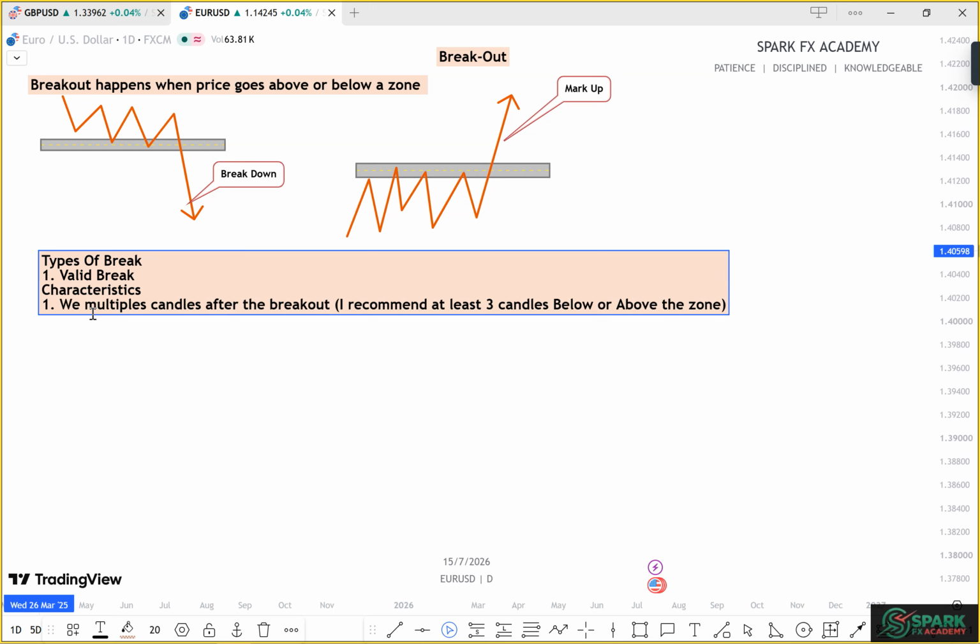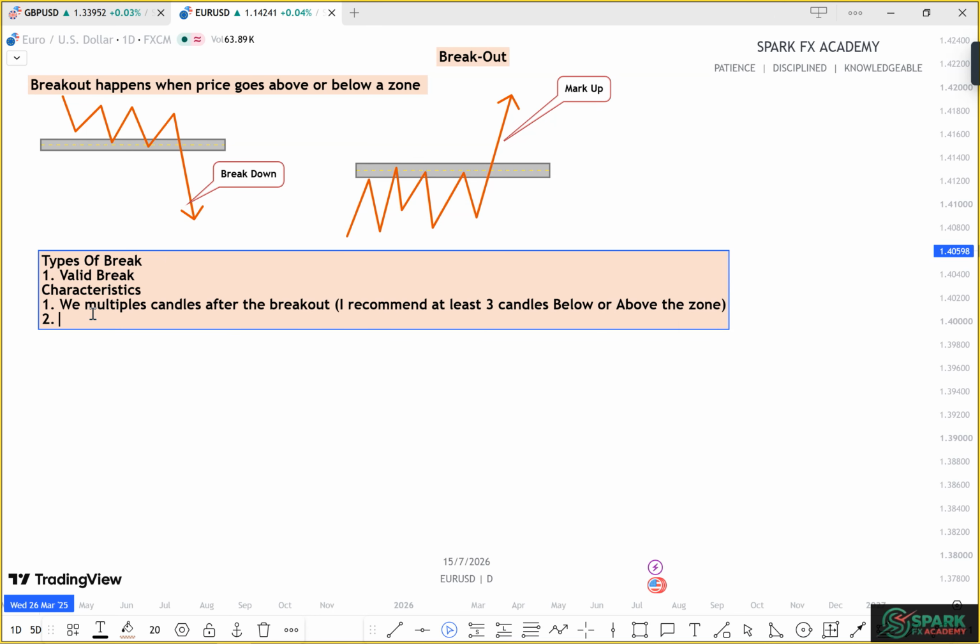There are a lot of ways to know a valid breakout, but the most valid way to know a valid breakout is when we spot multiple candles after the breakout. So I recommend at least three candles either above the zone or three candles below the zone. That's my recommendation.